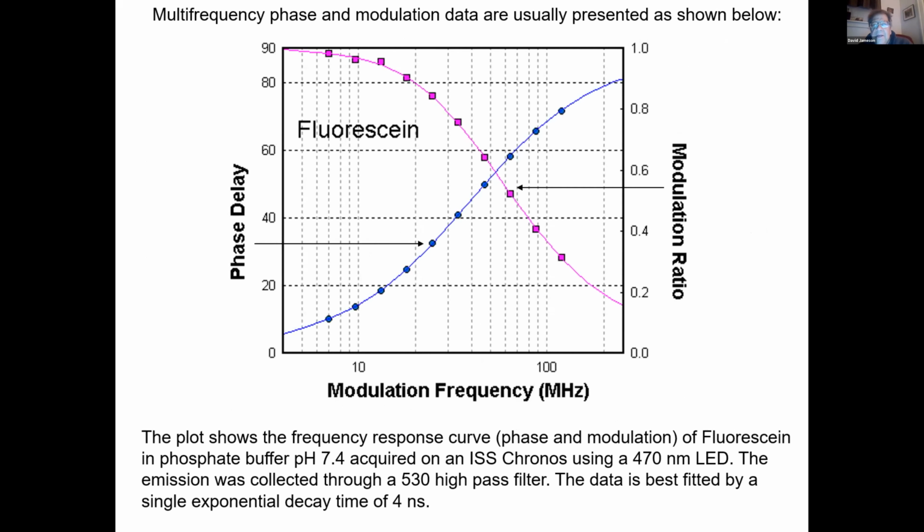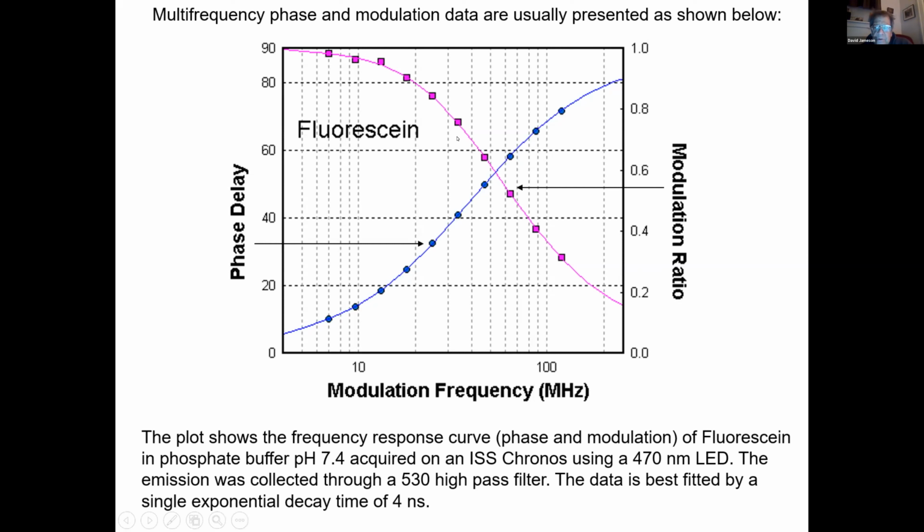So here's how typically multi-frequency phase and modulation data are presented. So we do this in multiple frequencies, and we see the phase goes to higher and higher phase angle as we get to longer frequencies, okay, because the tangent of the phase angle is equal to omega tau. And the relative modulation goes down and down.